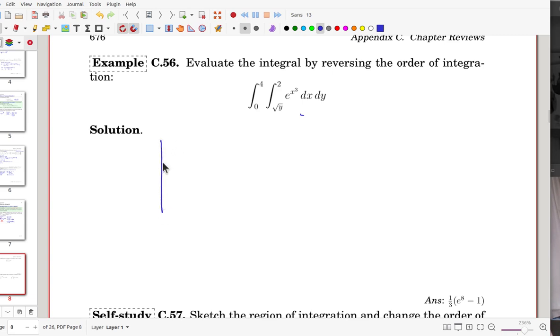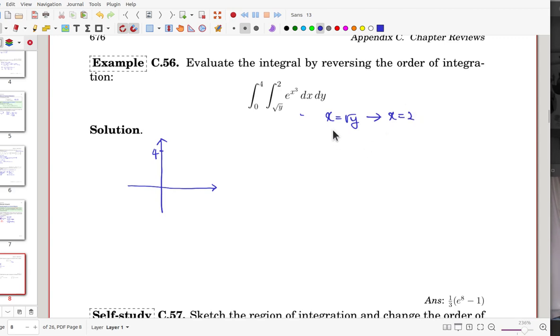Okay, here this is the xy coordinates. Now that means here y is from 0 to 4. And this inner integral means that x is from the square root of y to the top x, which is 2.